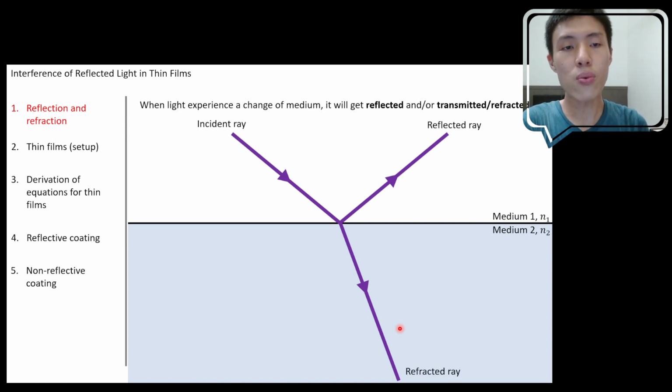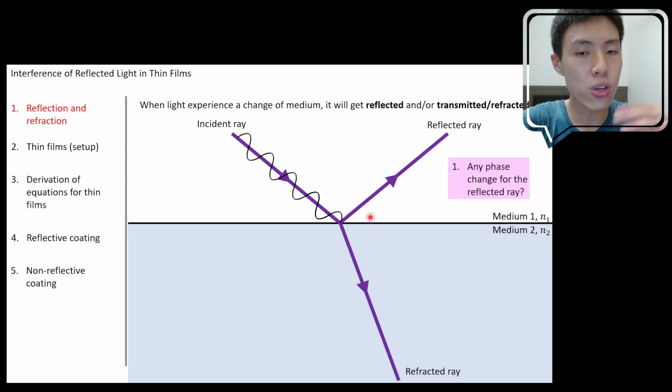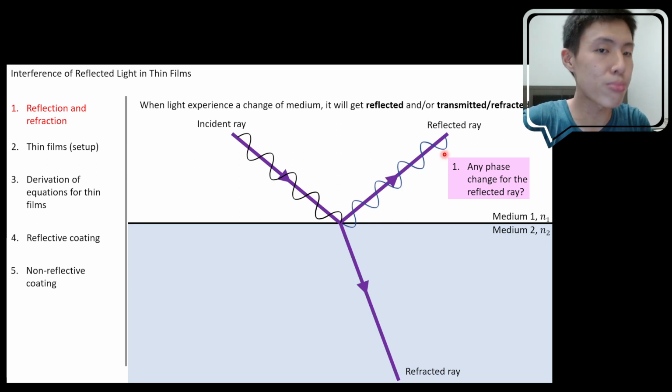Now we're going to analyze it in the form of waves. Right now what we draw here is a ray. The ray shows the direction of propagation of the light, but now we want to focus on the wave properties, because when we talk about interference and diffraction, it's all about wave properties. The incident ray has its own wave, and then the reflected ray will look something like this.